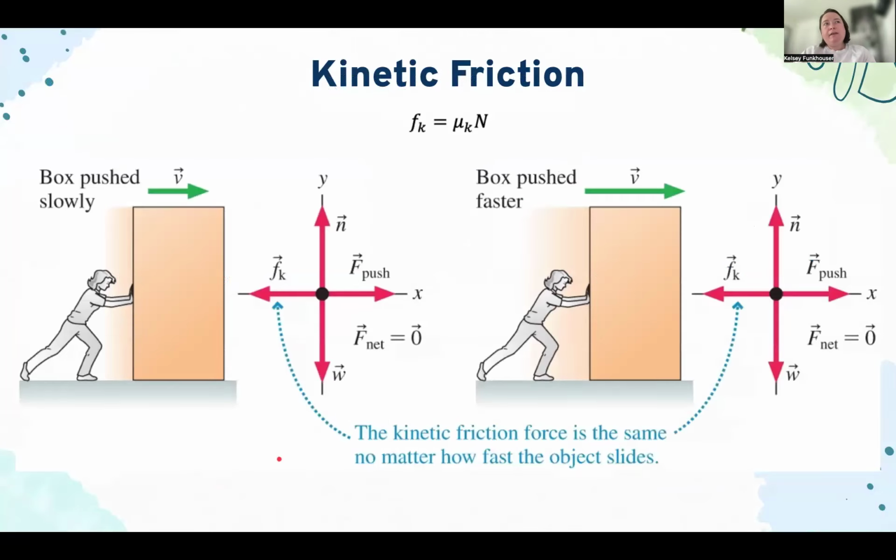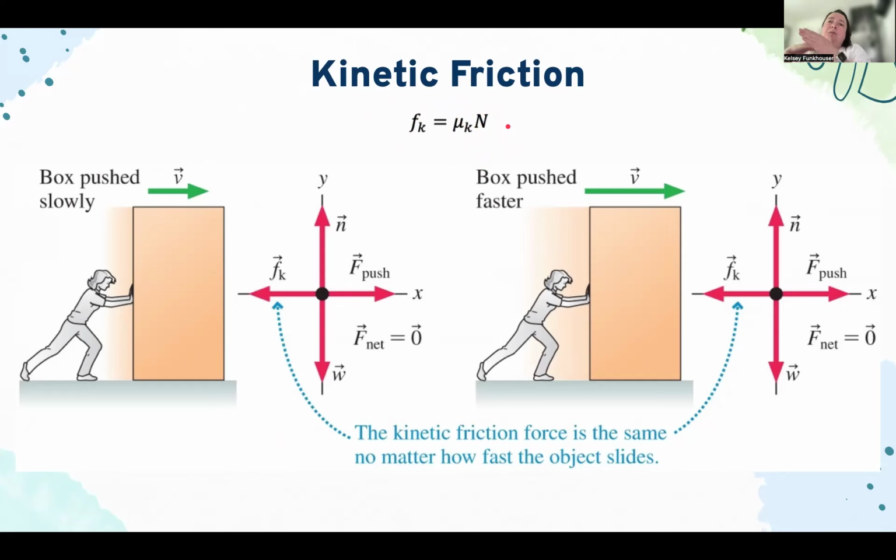And when an object is moving, we have kinetic friction. Now, kinetic friction doesn't depend on what the pushing force is or how fast it's going. There's just a constant value for the kinetic friction force, and that is the coefficient times the normal force. A couple other things with friction: the maximum static friction force is always going to be bigger than the kinetic friction force.